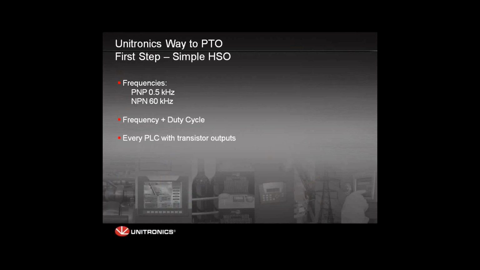Okay, let's see the history of Unitronics' way to PTO. The first step of PTO was the simple high-speed output. The very early PLCs from Unitronics contained high-speed outputs which worked in frequencies of half a kilohertz, and the NPN, which is 60 kilohertz.